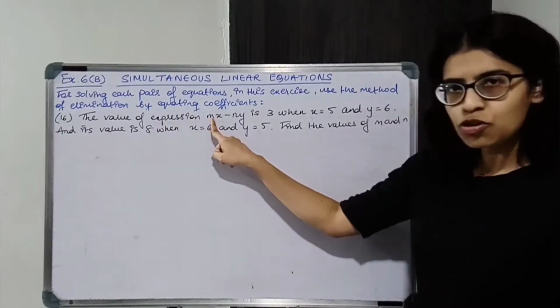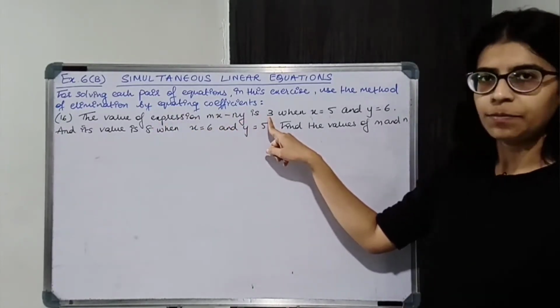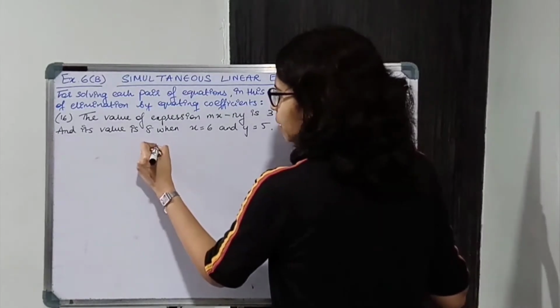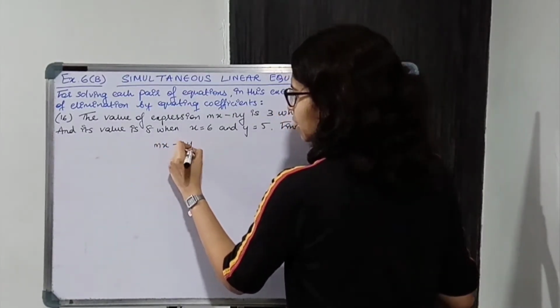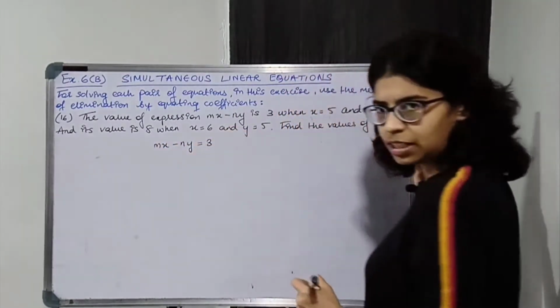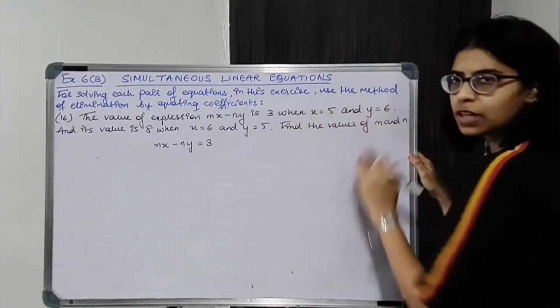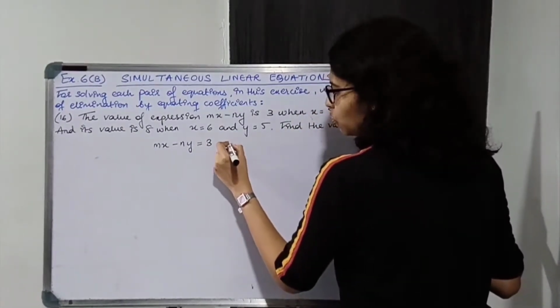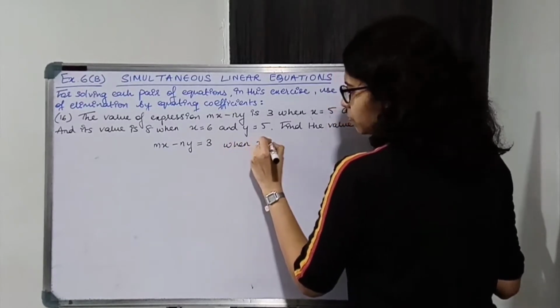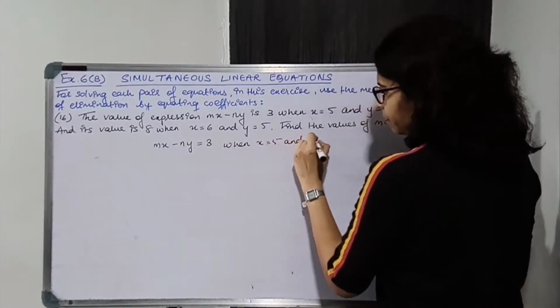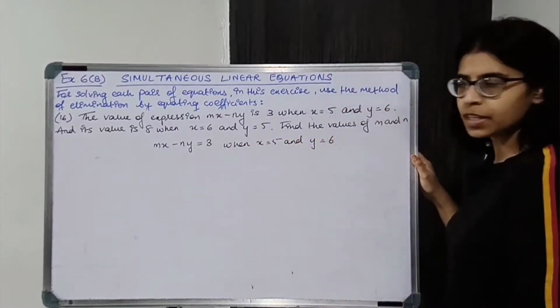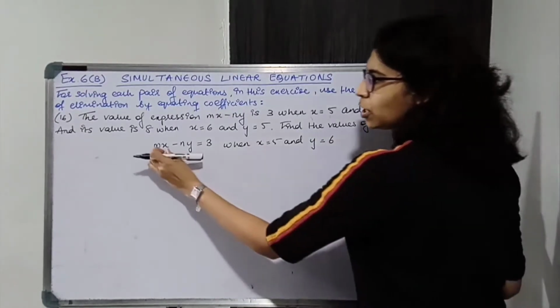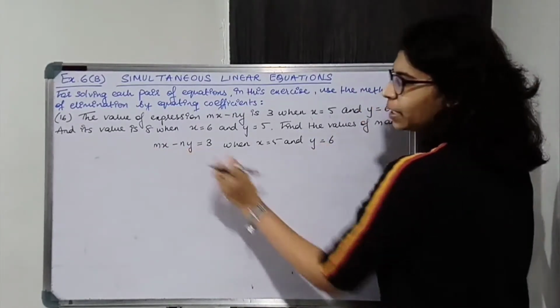Value of expression mx minus ny is 3. That is, I can say mx minus ny is equal to 3 when x is equal to 5 and y is equal to 6. So in place of x I can substitute 5 and in place of y I can substitute 6.